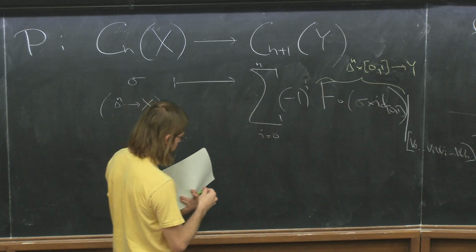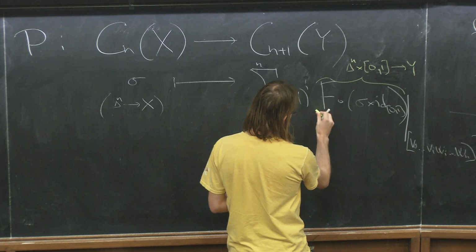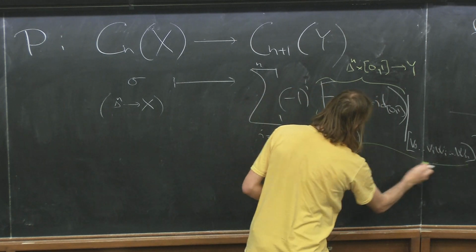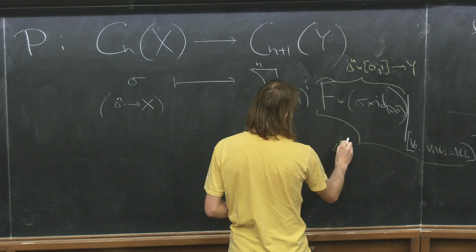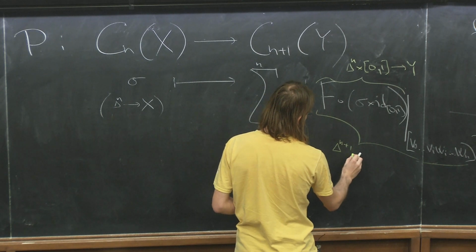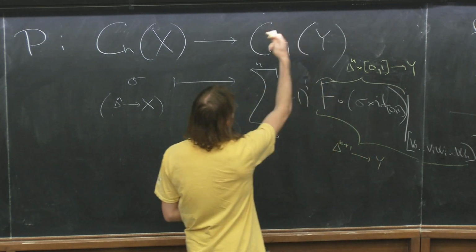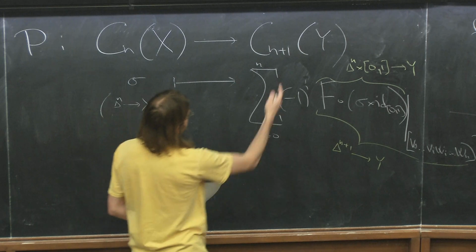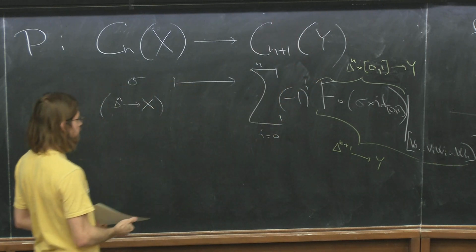This restriction gives us a map from delta n+1 to Y, which is indeed a generator in this group.